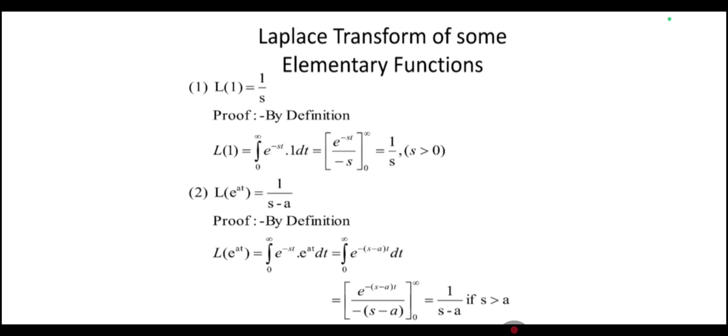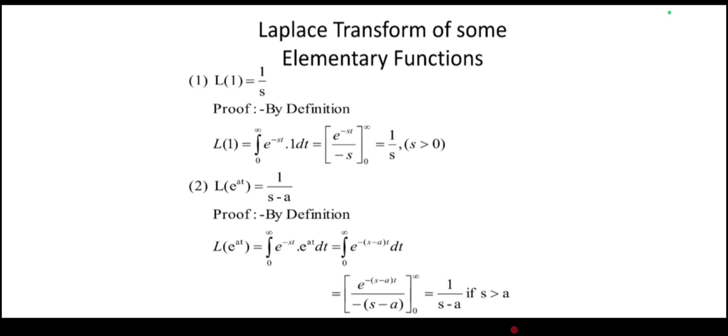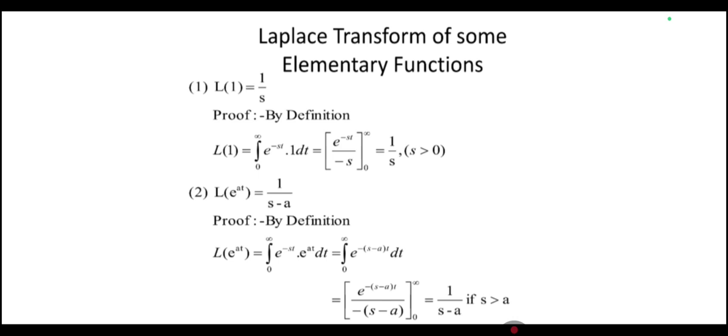The second result is L of e power at, which is equal to 1 by s minus a. Similarly, we can prove this by using the definition. So L of e power at equal to integral 0 to infinity e power minus st e power at into dt. Here f of t is nothing but e power at.